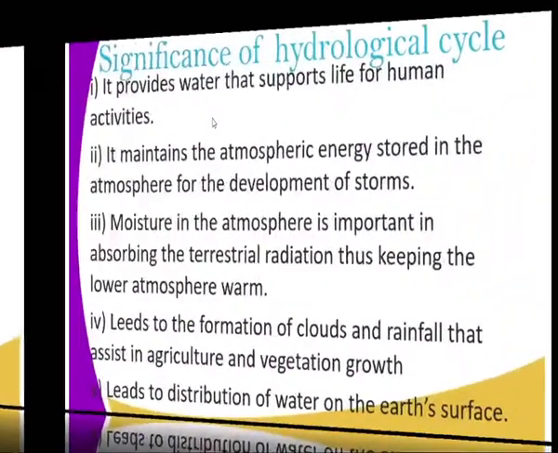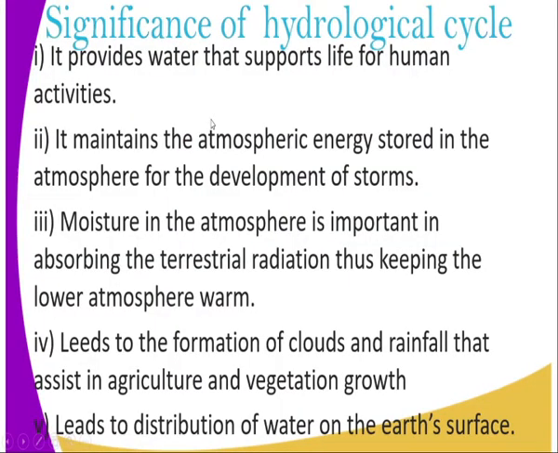Let us look at the significance. It provides water that supports life and human activities, the provision of water in rivers, ponds, oceans, seas. Number 2, it maintains the atmospheric energy stored in the atmosphere for the development of storms.